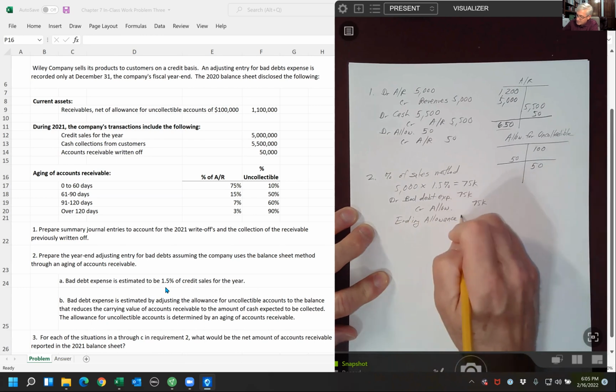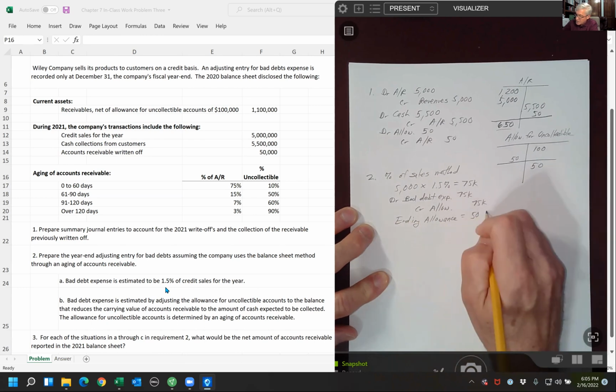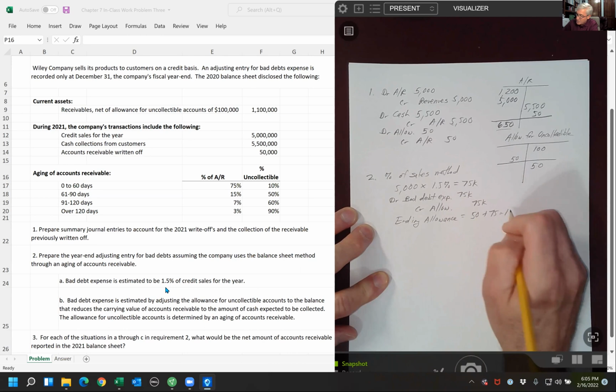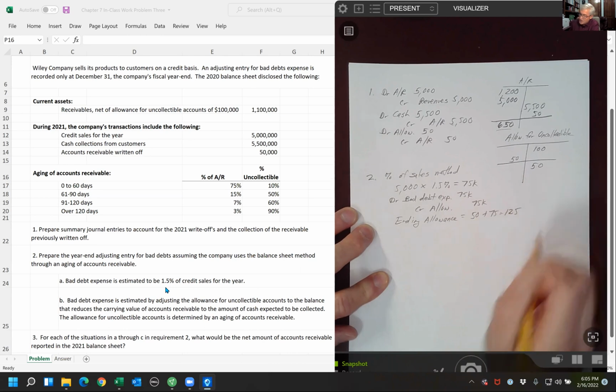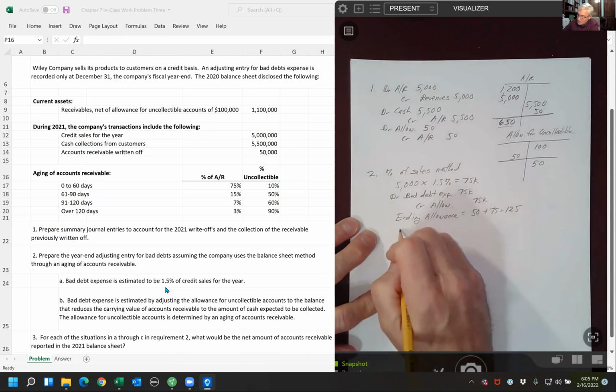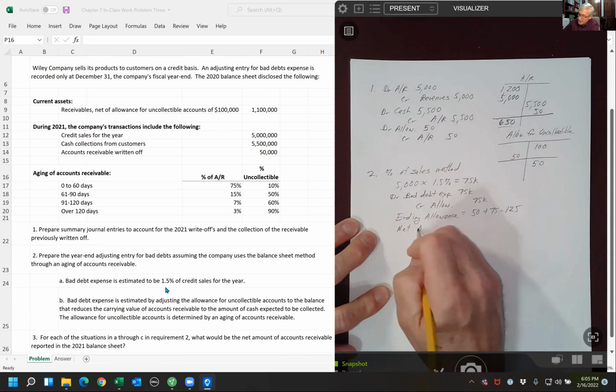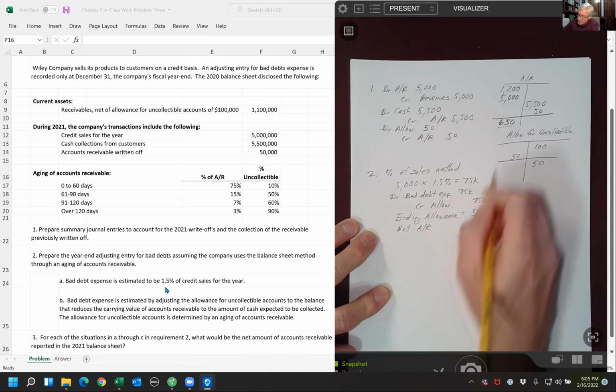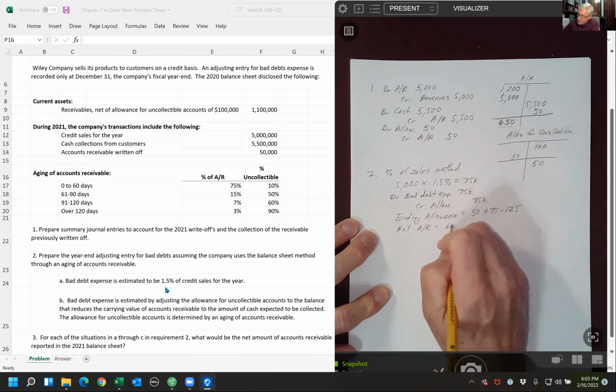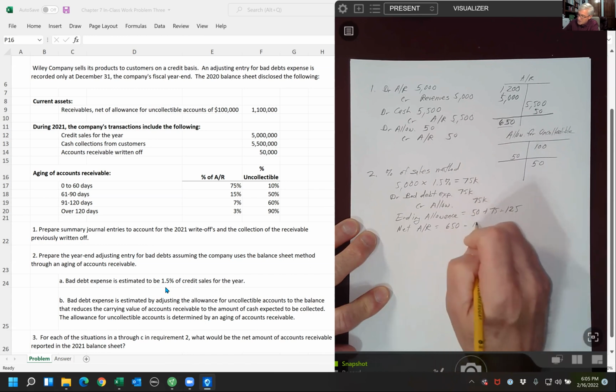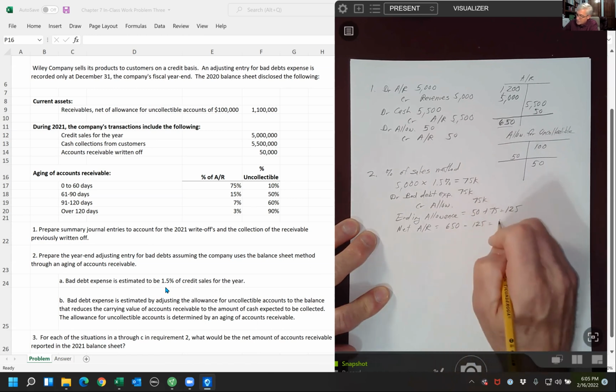Is 50 plus 75, 125. What's our net AR? Equals 650 minus 125 equals 525.